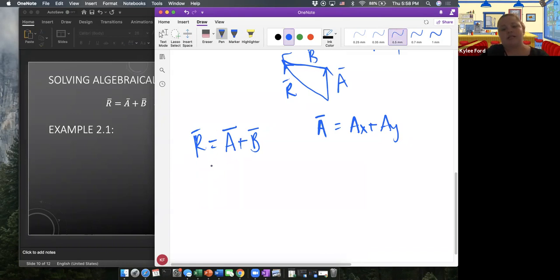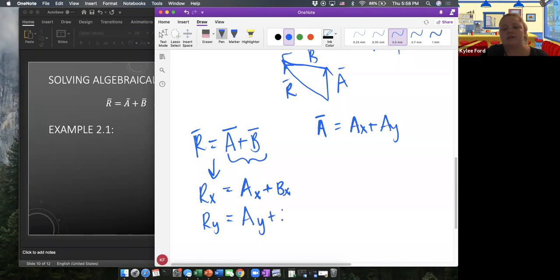We can now break this down into its components, Rx and Ry, and those two will now be composed of these X and Y components. So I'm gonna say Rx is equal to AX plus BX. And same thing with Ry. Ry is now AY plus BY. Okay?